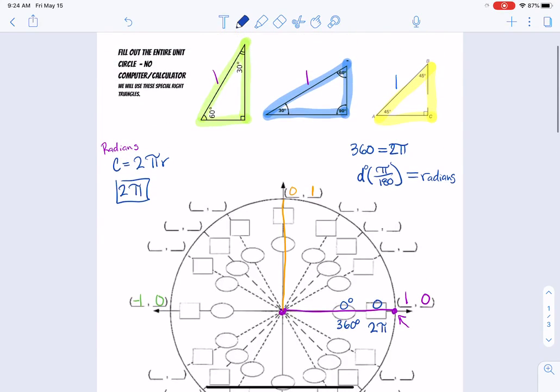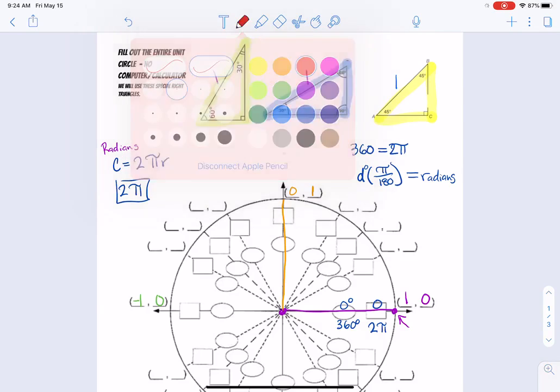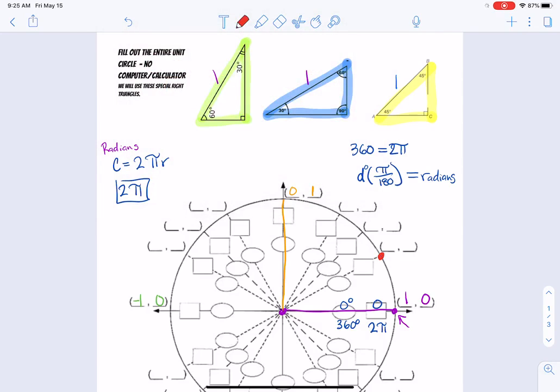And then to find our coordinates, we're going to build this off of our special right triangles. If I were thinking about this point right here on the unit circle, and I wanted to find the ordered pair that represents it, I can draw a right triangle right here, and this would be 30 degrees.